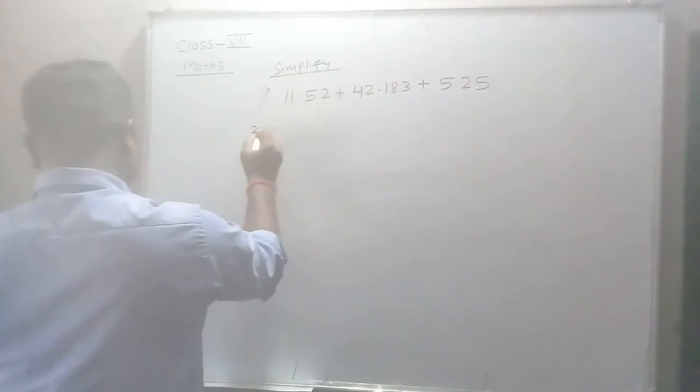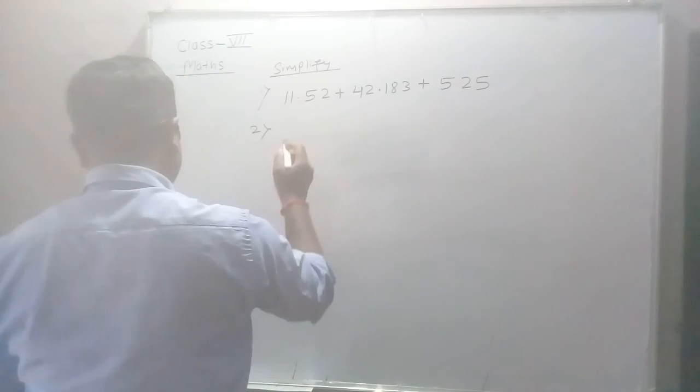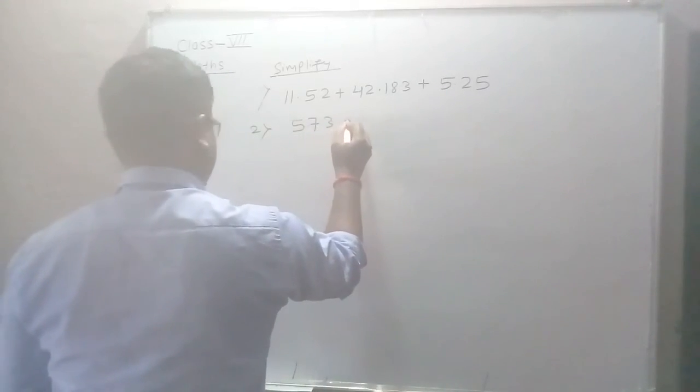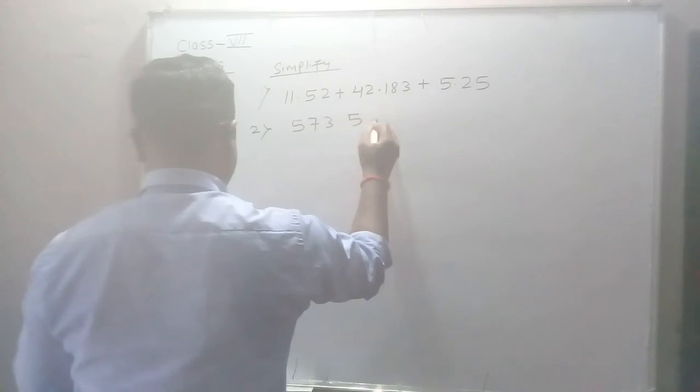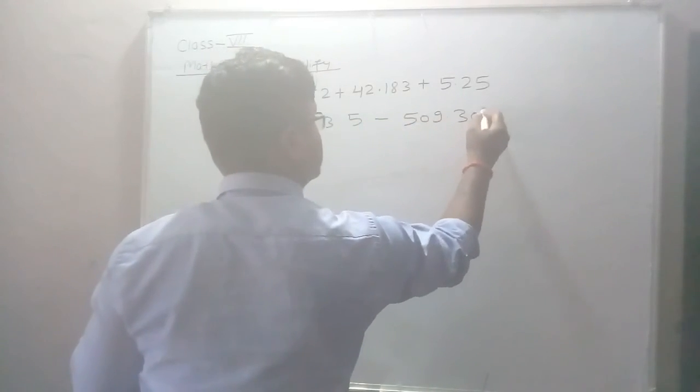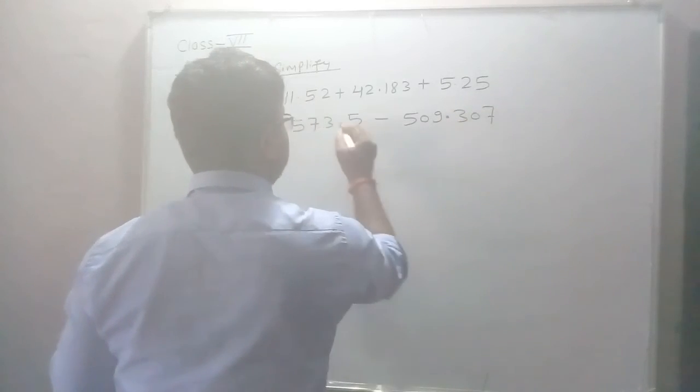Add those 3 numbers. Okay, similarly 573.5 minus 509.307. Okay, this is a decimal.